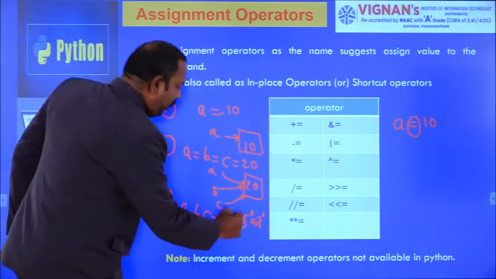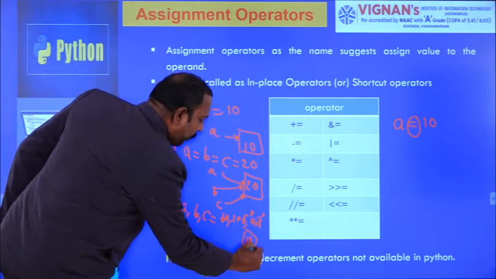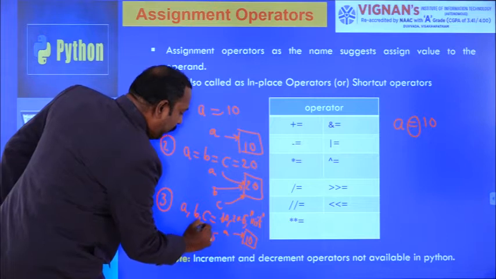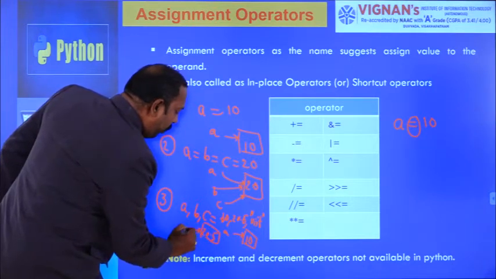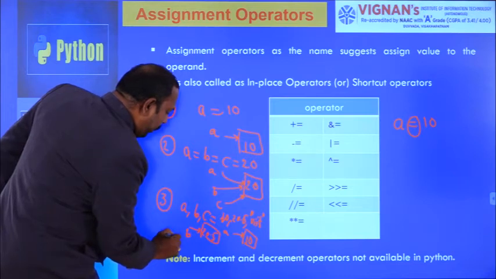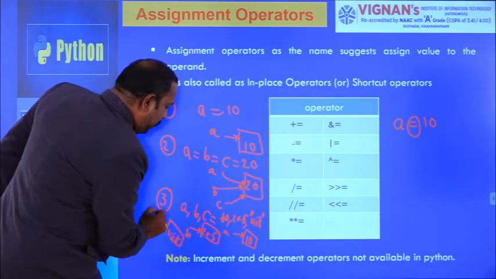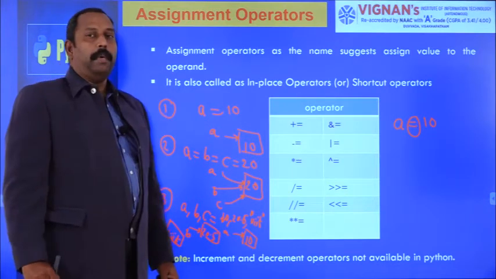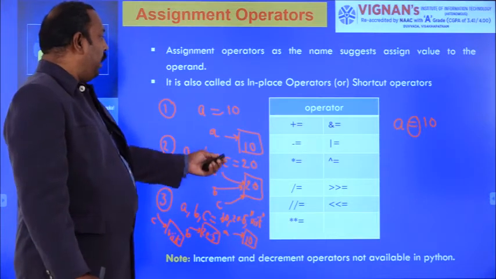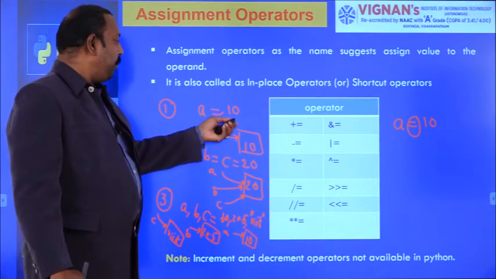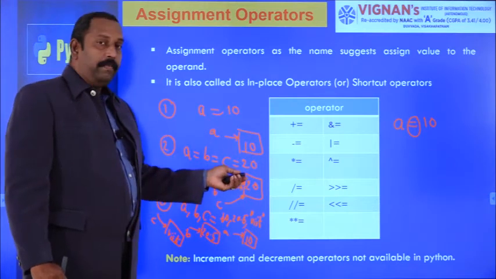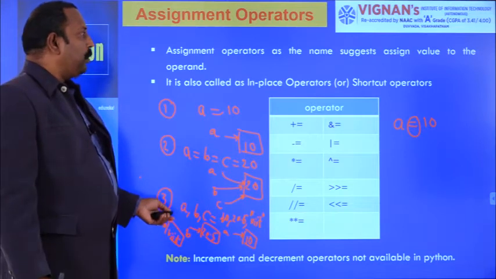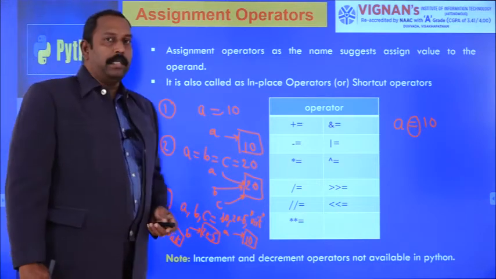That means 10 will be created in memory and a is pointing to 10, 20.5 will be created in memory and b is pointing to 20.5, and the third object will be created in memory and c is pointing to it. Like this, multiple objects can be assigned to multiple variables. This is also allowed in Python. So method 1 is single object to a single variable, then single object to multiple variables, and multiple objects to multiple variables. This is about assignment operators in Python.